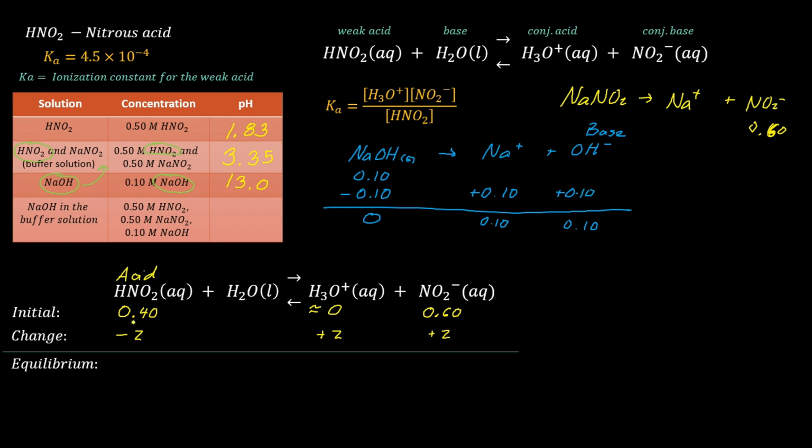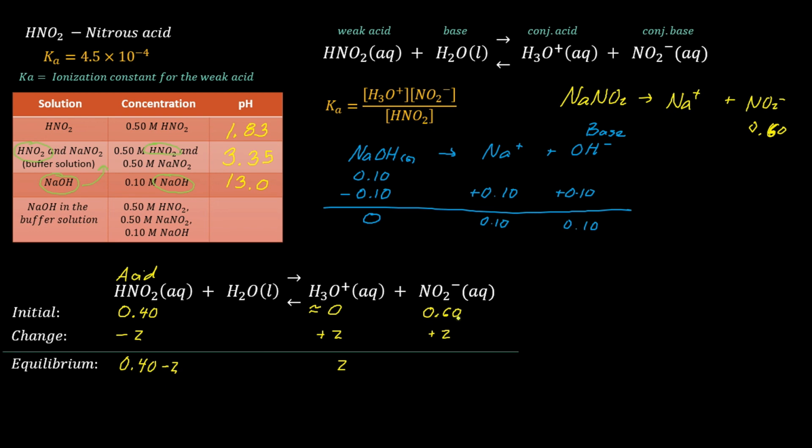Okay, so initial 0.4. Why? Because some of it was used up in an acid-base reaction. Because we added a base, the acid that we have now, the nitrous acid, is lesser than the original. So it's 0.4 now. The equilibrium will be 0.4 minus Z. Z will account for the new shift in equilibrium.